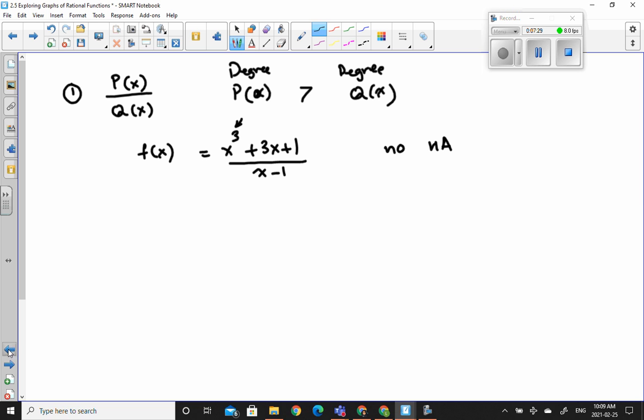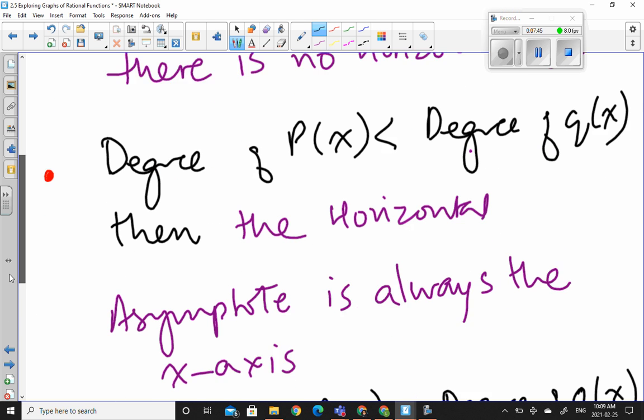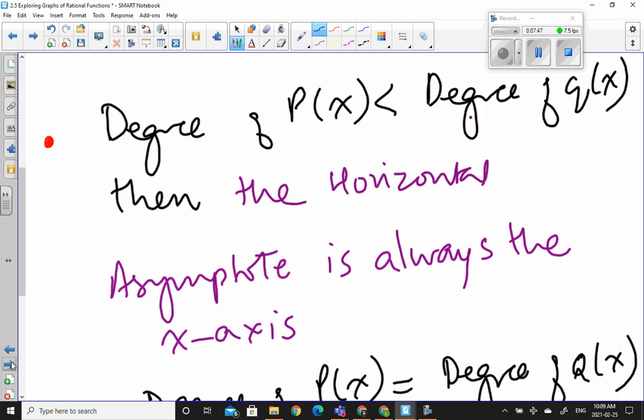Okay. The second case is when the degree of p of x is less than the degree of q of x. So that's our second scenario. If it is less, then the horizontal asymptote is always the x-axis.